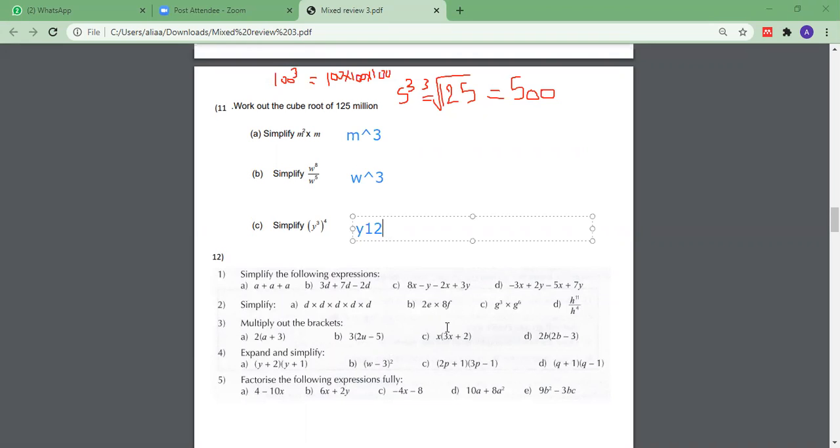These questions are collecting like terms and indices, expanding brackets, expanding two brackets, and factorizing.